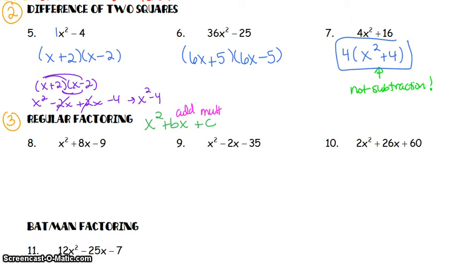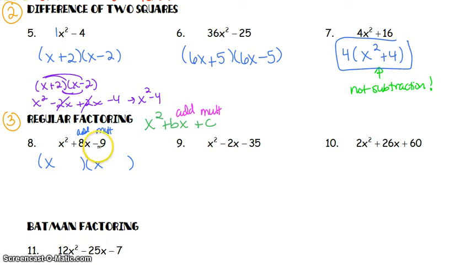And again, I know this is all review for you. We're just going to refresh on our skills. So we've got x squared plus 8x minus 9. Again, we want two numbers that multiply to the outside and add to the middle. Oh, before I do that, check for GCF. Oh, good, no GCF. So now we move on to regular factoring. I know I'm going to have my two pieces, and I know I'm going to have an x and an x.